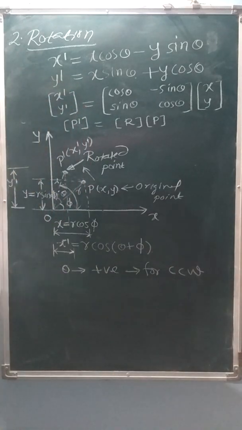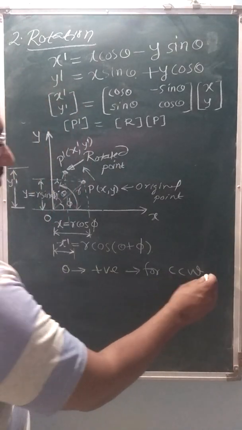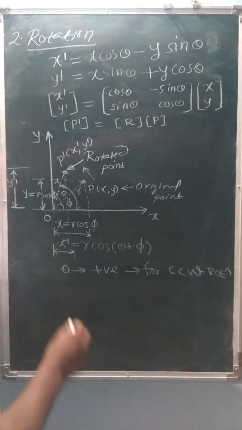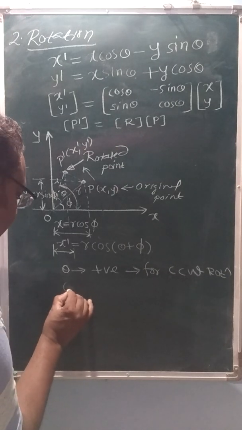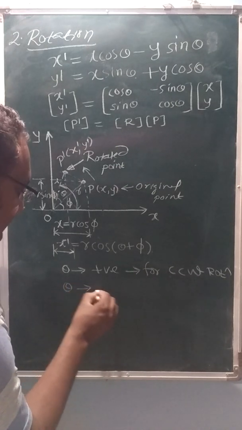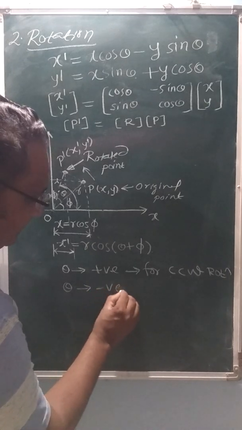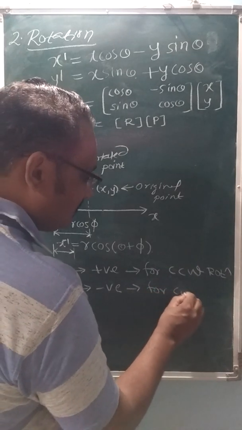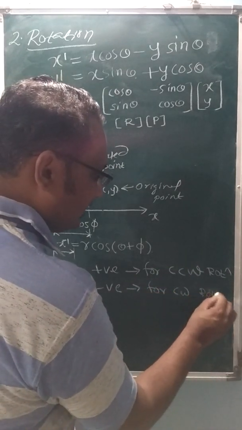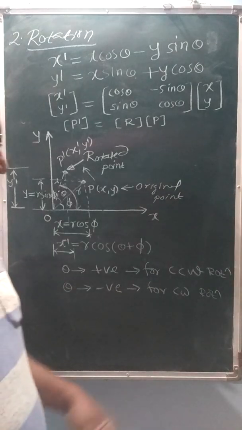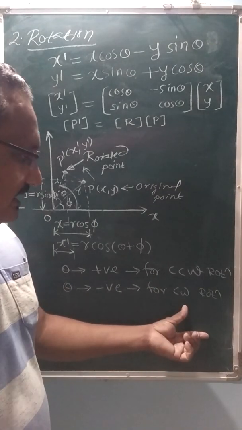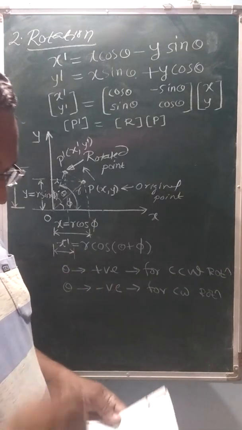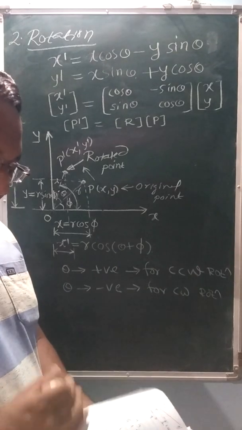CCW is nothing but anti-clockwise or counterclockwise rotation. If theta is negative, we are rotating that entity in the clockwise direction, and vice versa. If we want to rotate the entity in the clockwise direction, we have to consider theta as negative. These two things you have to keep always in mind.